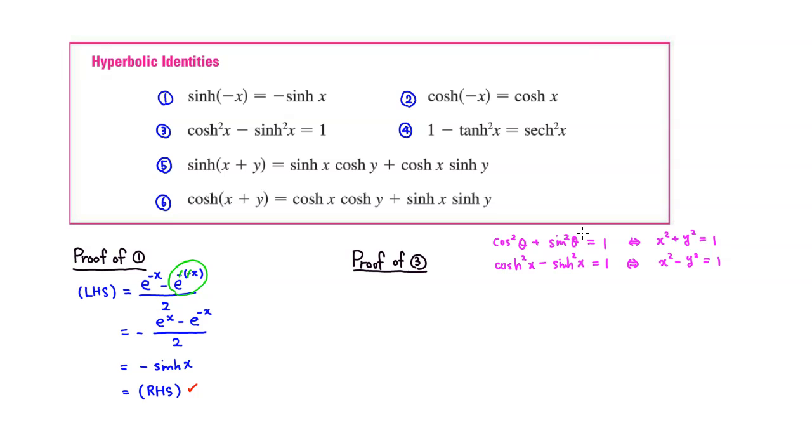So that's why this is called the hyperbolic function. There's a connection with the hyperbola. And if you want to verify this equation, let's start out with the left-hand side again.